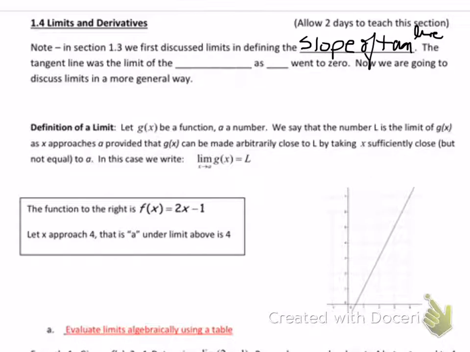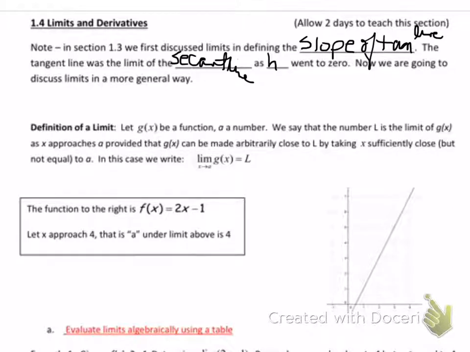Okay, the tangent line was the limit of the secant line, so this is secant line, as h went to 0. Now we're going to discuss limits in a more general way.